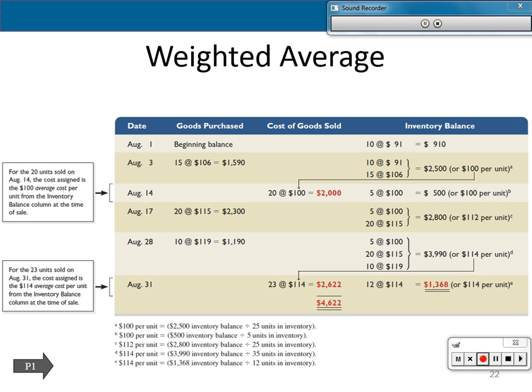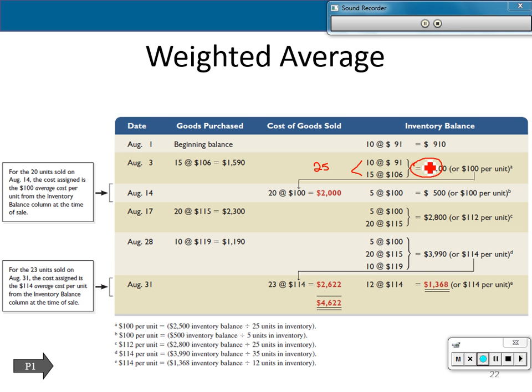All right, so weighted average. Just walk with me through this. We have the beginning balance of 10 units at $91. Then on August 3rd, we purchased 15 units at $106. So now we have 10 units at 91 and 15 units at 106, for a total of 25 units, and the total cost is $2,500.